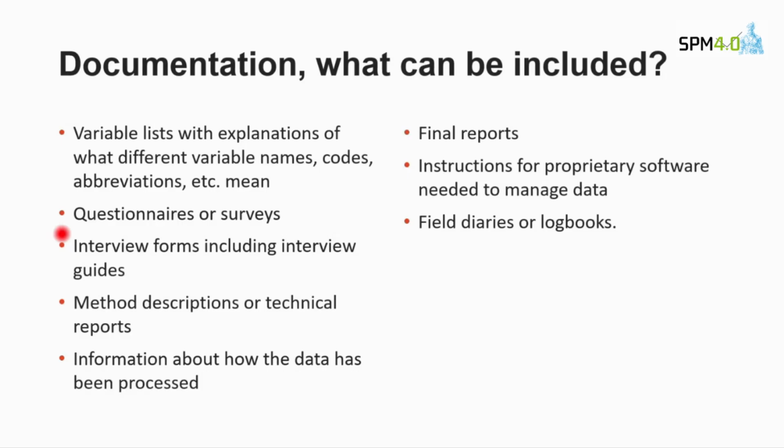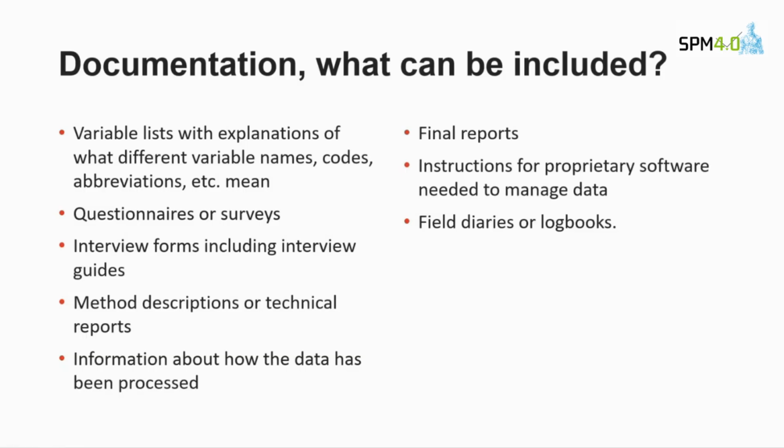Questionnaires or surveys, if you have that type of data, interview forms, guides, method descriptions are useful documentation. Often it's in the article, but if you have a lab protocol that was used, that's good documentation. Also any information about how the data has been processed. If you've removed bad values, what did you do?